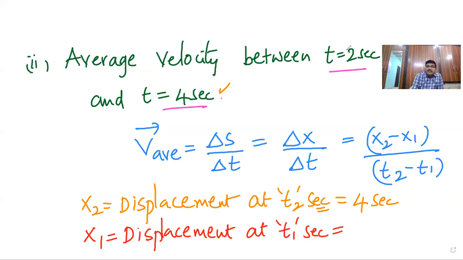What is t1? 2 seconds. If I denote the first one as t1 and the second one as t2, then t2 is 4 seconds and t1 is 2 seconds. x2 stands for displacement at 4 seconds, x1 stands for displacement at 2 seconds. Clear? Now, observe.